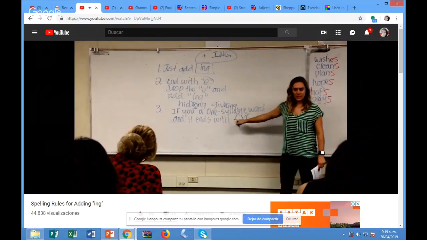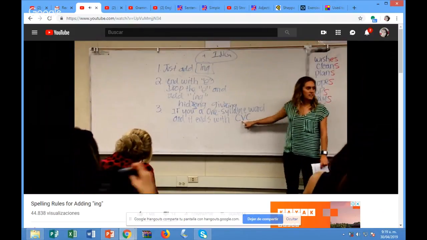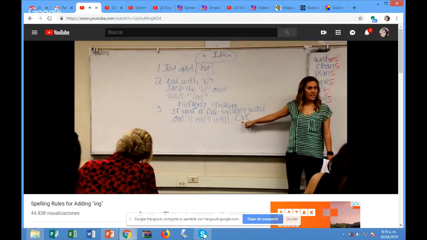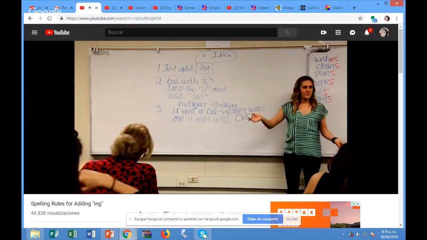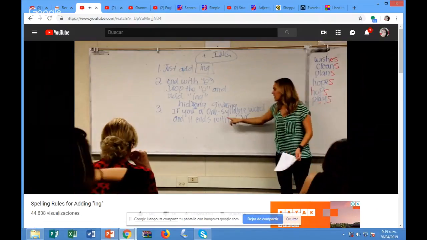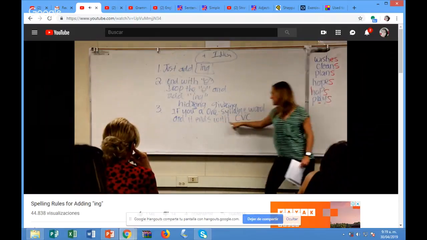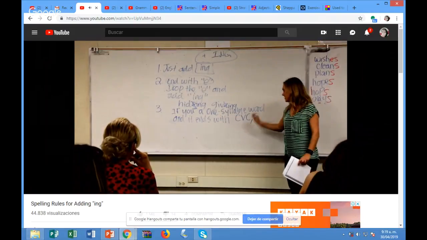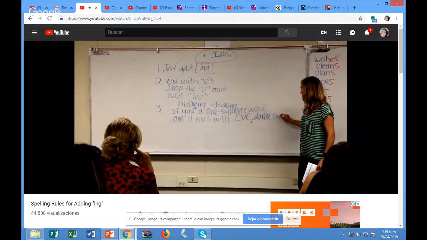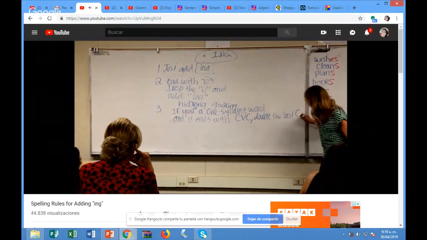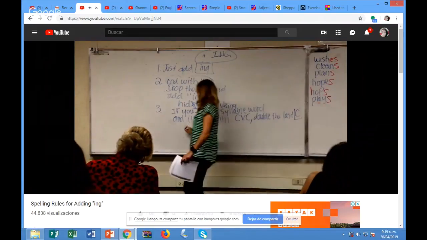Consonant, vowel, consonant. Remember what a vowel is? A, E, I, O, U, right? What's a consonant? Everything but a vowel, right? So, if you have a 1 syllable word and it ends with CVC, then double the last consonant, and add ing.